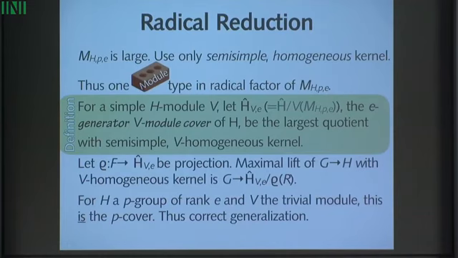And the reduction I'm going to do is to say, I don't want to put underneath an arbitrary module. I want to put underneath a semi-simple homogeneous module, so that the module is a direct sum of irreducible modules of only one type. So I'm specifying a module type.